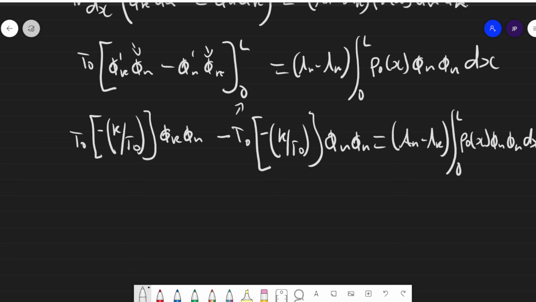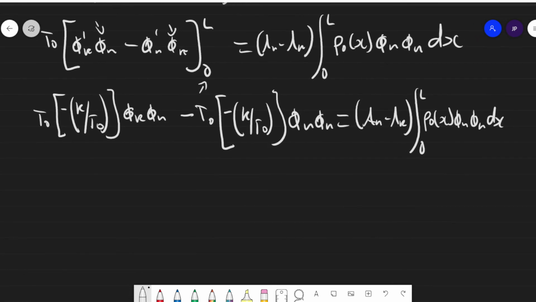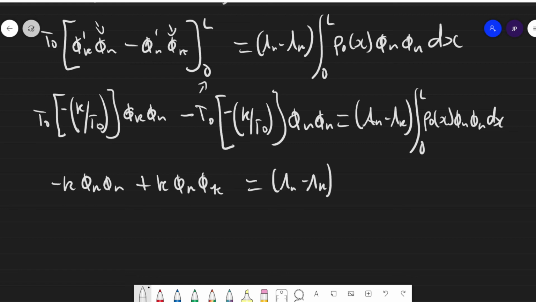Okay. Now, if I multiply the t inside, I'll end up with a minus k, and you'll end up with a plus k. And we can see that the left side actually will subtract to become 0.